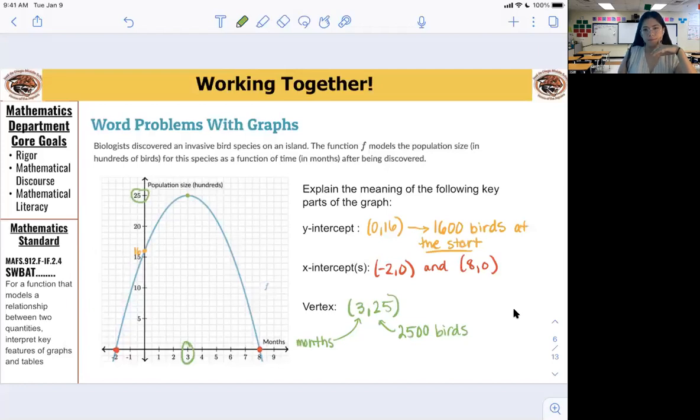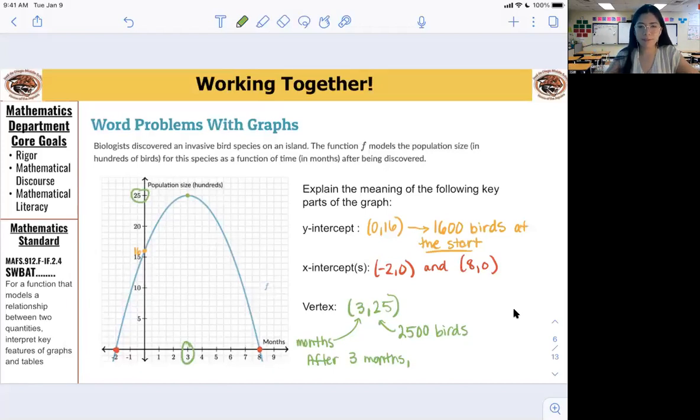So once the birds reach their highest growth or maximum, when they reach the 3rd month, at some moment, let's say the environment changed or whatever, they started to become extinct. Good. So that's a really good way of explaining it. That's exactly what I wanted. So there's the mathematical language, but then there's the real world, like tell me what's happening, right?